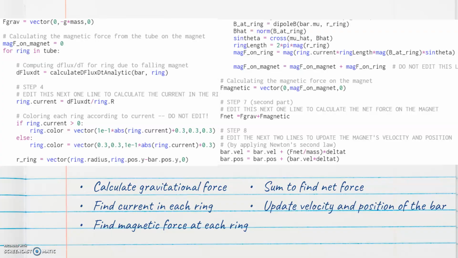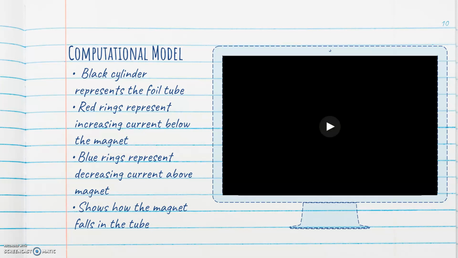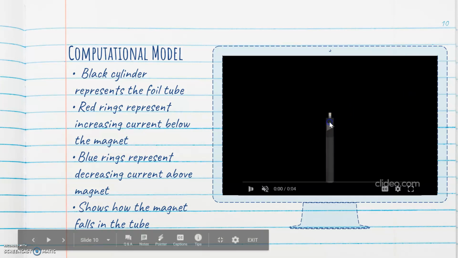After that, we had to calculate the gravitational force, find the current in each ring, find the magnetic force at each ring, add the gravitational force and the magnetic force to find the net force, and then update the velocity and position of the bar using Newton's second law. All this together creates the simulation. And here is what it looks like.